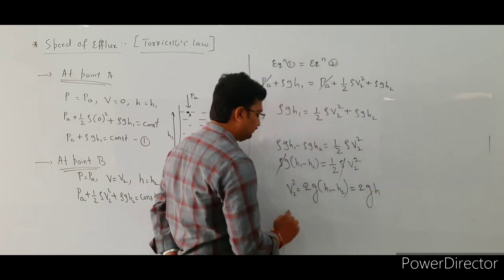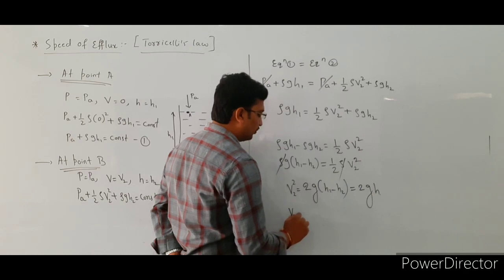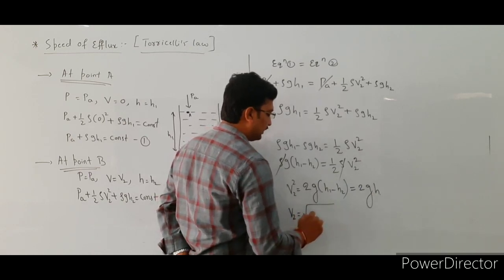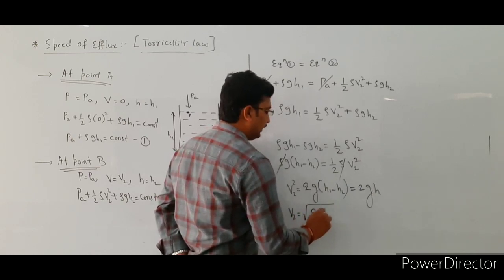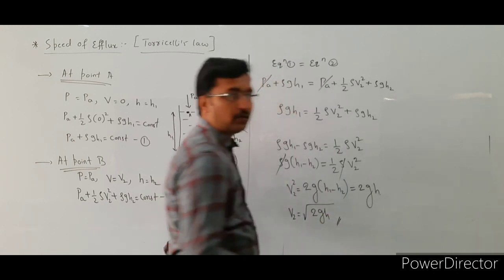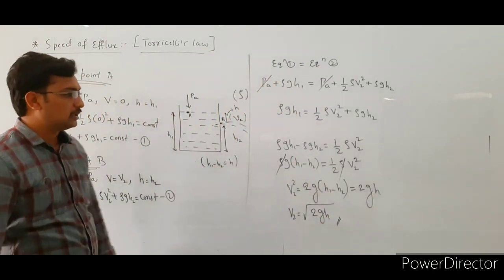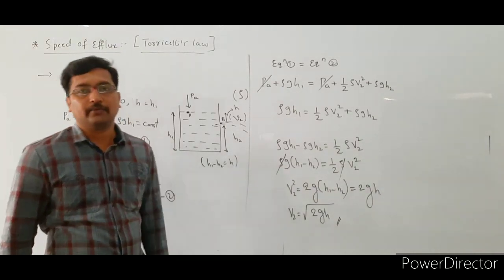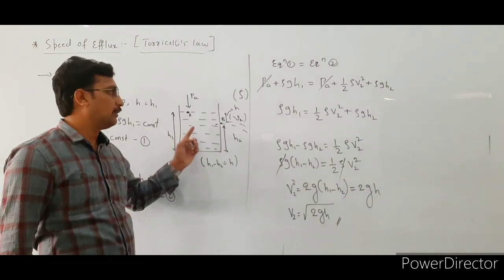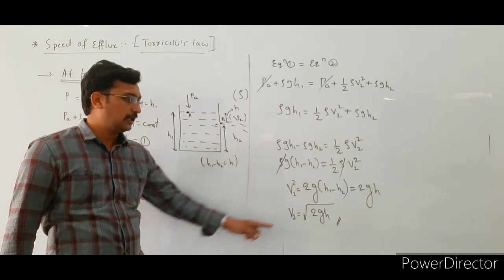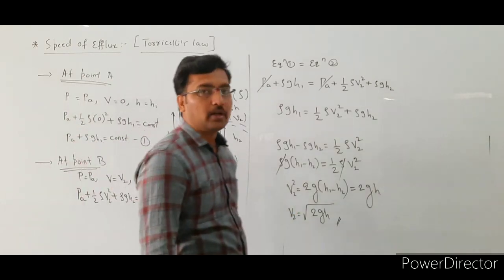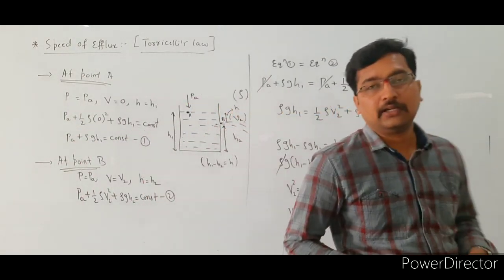From this, V2 is equal to the square root of 2gH. This is the speed of efflux, the speed at which the liquid emerges from the hole.